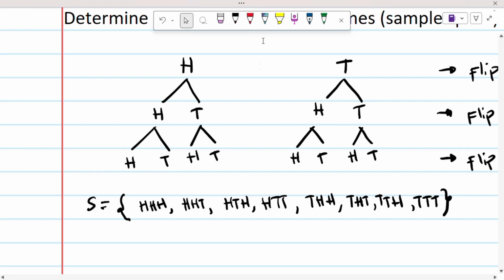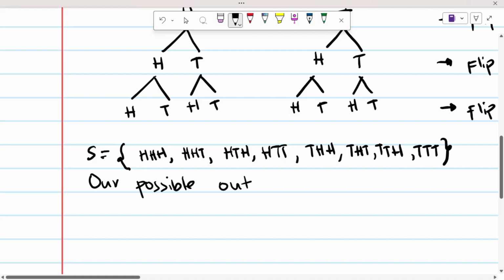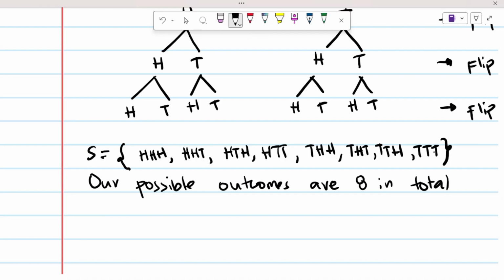Therefore, our possible outcomes are 8 in total. Right? So we have 1, 2, 3, 4, 5, 6, 7, 8. So we have 8 outcomes in total.